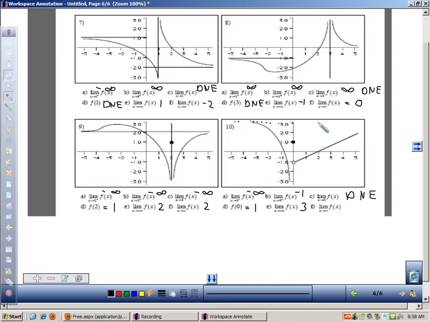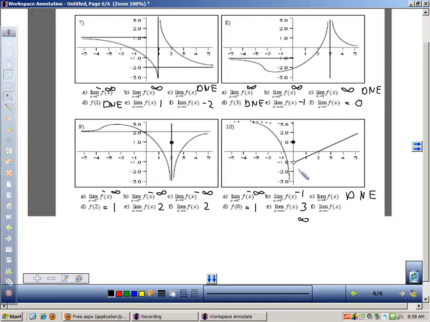But because there's not a horizontal asymptote drawn in, you could also assume that this function keeps going up and up. So I think this question's a little ambiguous, and I would accept either 3 or positive infinity, because that asymptote's not drawn in. It looks like there should be one there, but we don't know for sure.